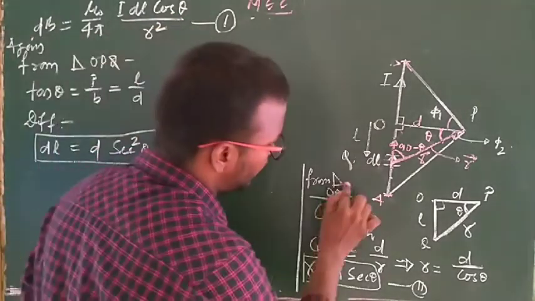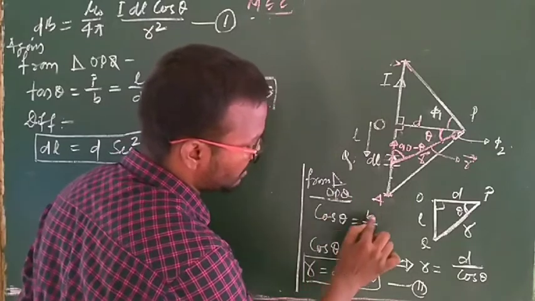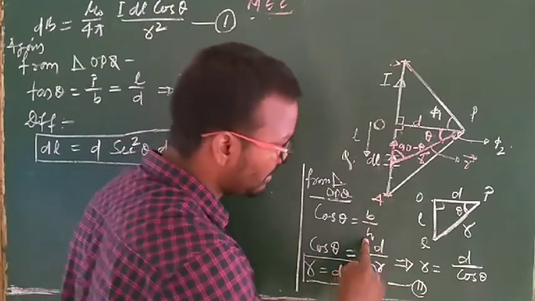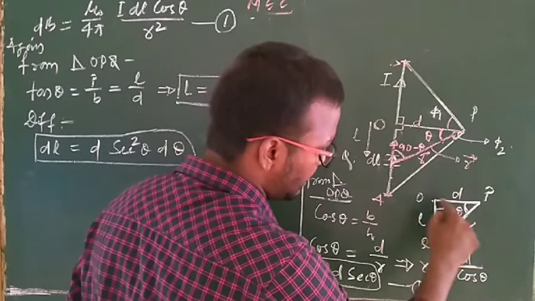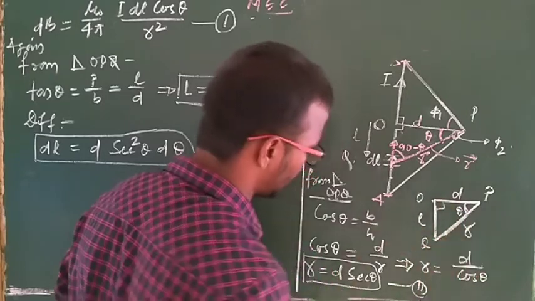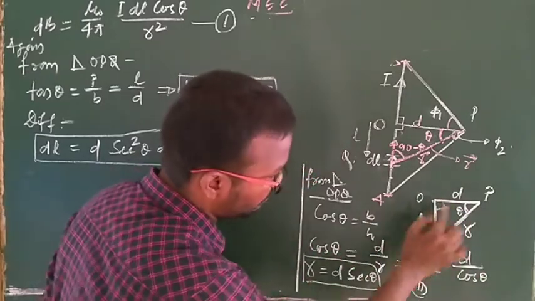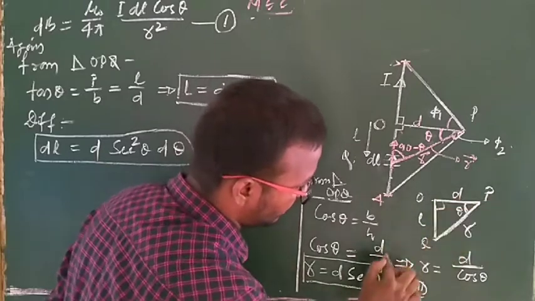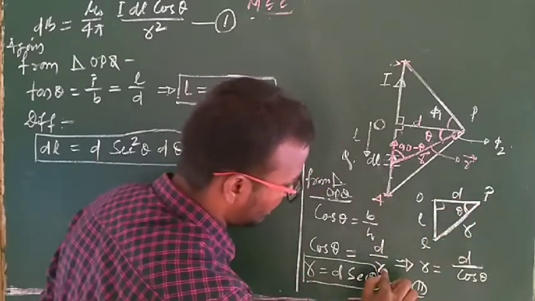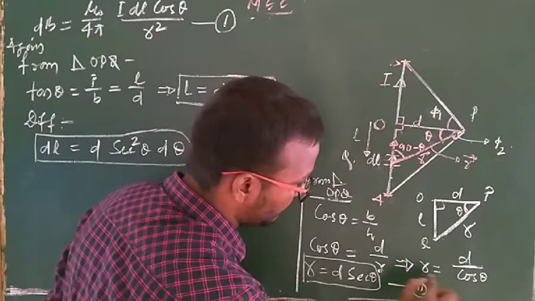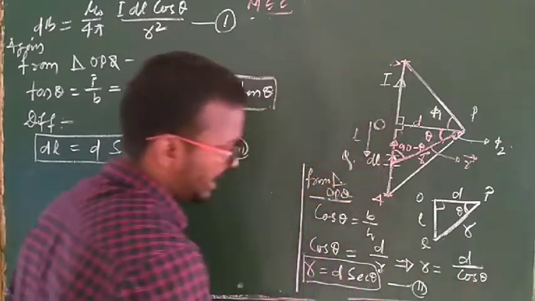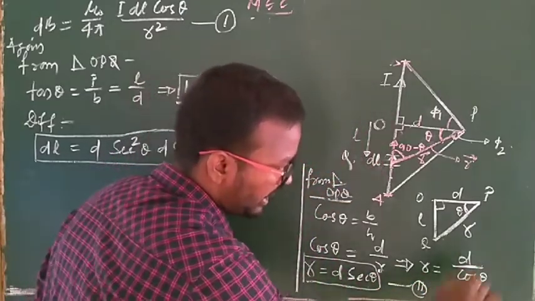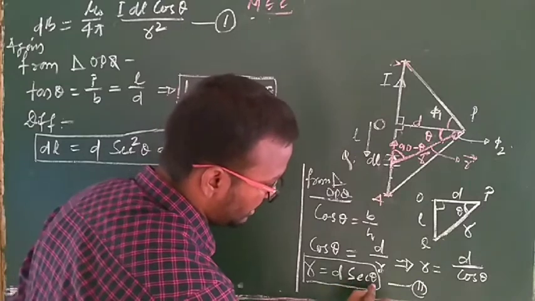From this right angle triangle OPQ, cos theta equals B by H, base by hypotenuse. So cos theta equals base, that is d, by hypotenuse, that is r. So you can write r equals d by cos theta, and that is d sec theta.